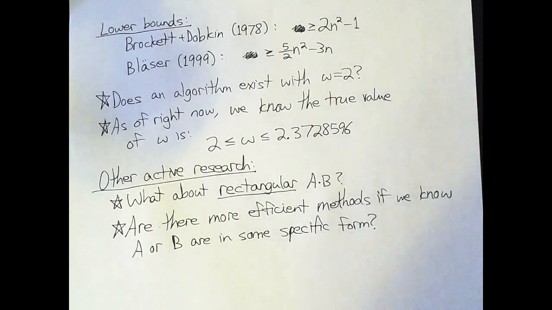If you know that there are some 0 entries in A or B, can you come up with a more efficient algorithm for those types of problems? Maybe there are some matrices A or B that show up in some real-life application, like maybe there's a physics problem or something like that where A or B have a certain kind of structure to them. Maybe they have some entries that are repeated or some kind of pattern. For those types of problems, can you come up with a method that's more efficient?